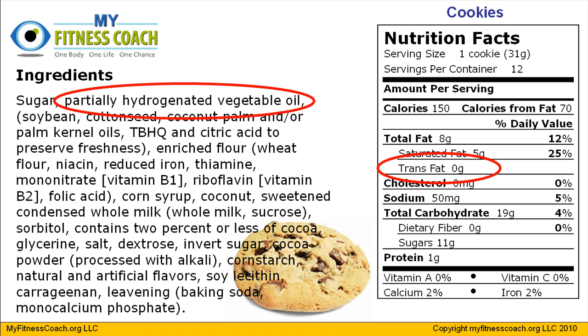So I would be willing to bet my life that this product contains as much trans fat as physically possible, yet still allow this company to use 0 grams in the nutrition facts. And that's the kind of stuff you have to be aware of. Even though it says 0 grams of trans fats, in the ingredients list are the words partially hydrogenated, which means trans fats. It just does not contain more than 0.5 grams per this serving, or one cookie.